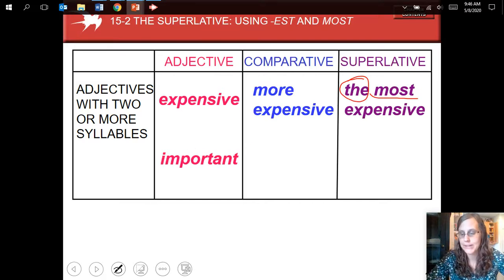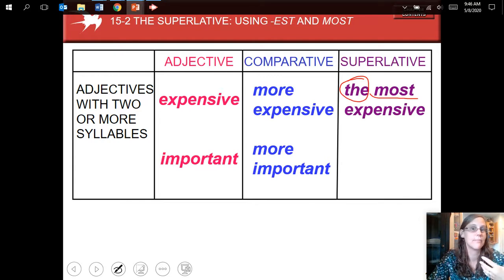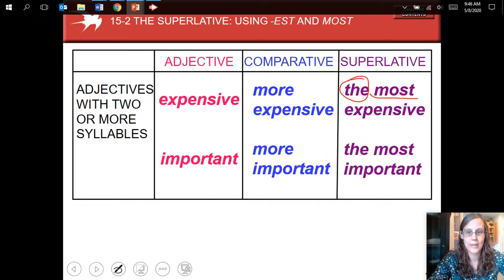Let's look at another one. What about important? What is the comparative form of important? It is more important. Now, what is the superlative form? The superlative form is the most important. Again, we have the and we have most, because important is two or more syllables.